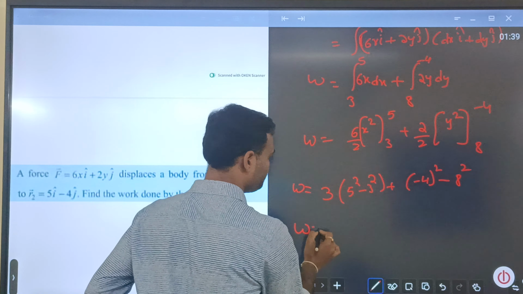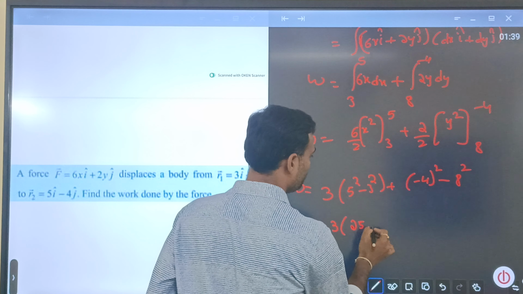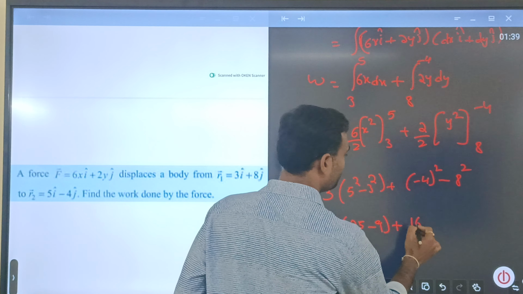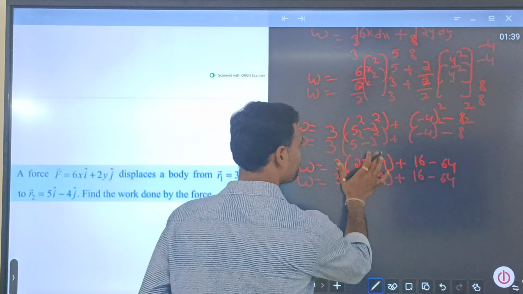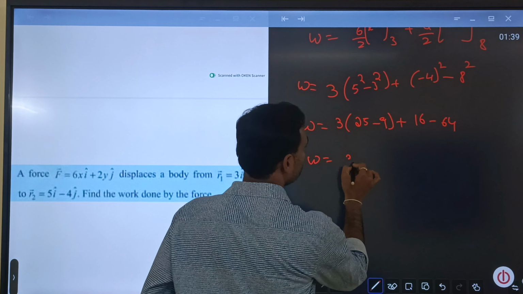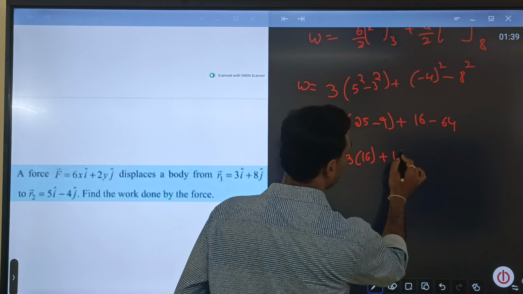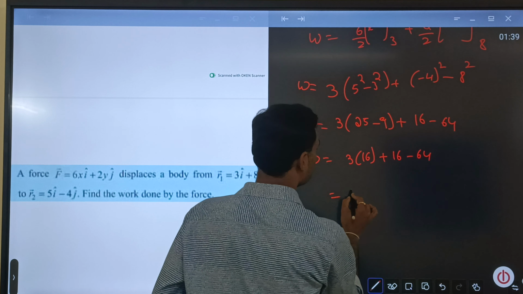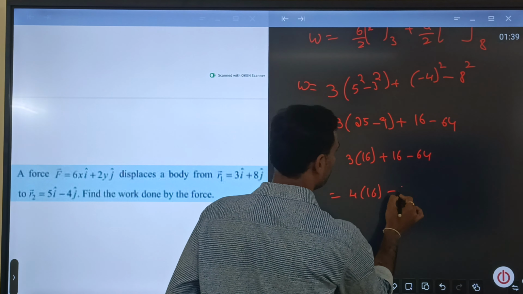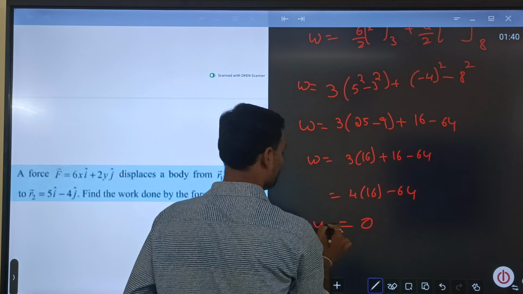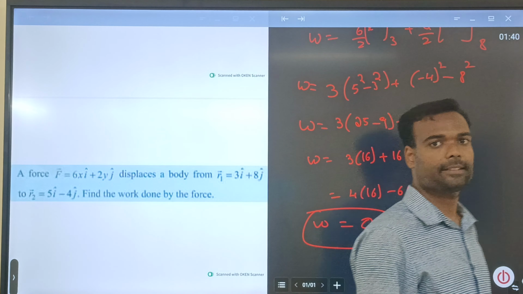Then this will be 3 into (25 minus 9), 16, 64. 3 into 16 plus (16 minus 64). 4 into 16 minus 64, which is equal to 0. So work done will be 0 in this case.